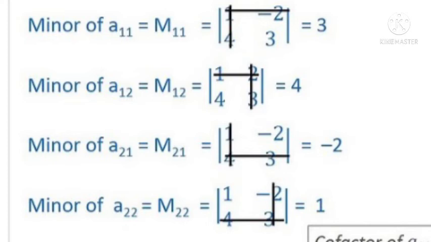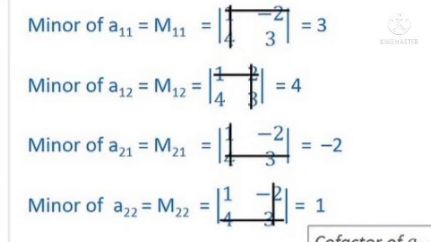Now minor of A21. A21 means second row, first column. So eliminate the second row and first column, and therefore minor of A21 is equal to minus 2. Finally, minor of A22. A22 means second row, second column element.